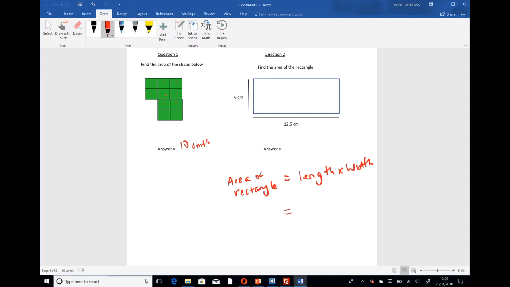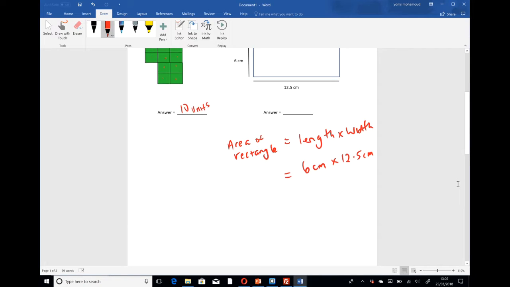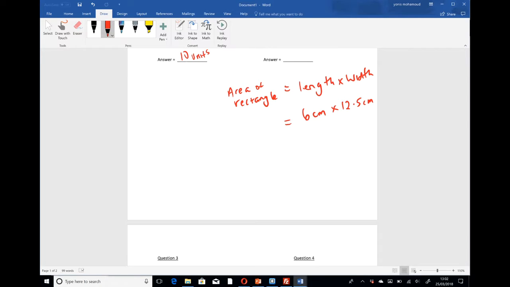So the length of this rectangle is 6 centimeters and the width is 12.5 centimeters. Next we have to do 6 times 12.5. So let me just work it out on this side. 12.5 times 6. 5 times 6 is equal to 30. Put the 0 down and carry the 3. 6 times 2 is 12 plus 3 is 15.